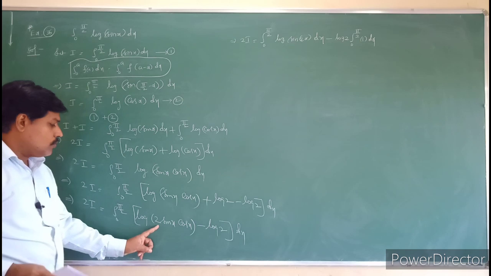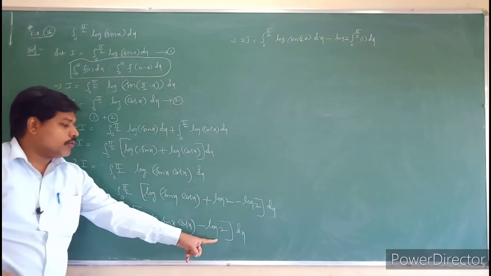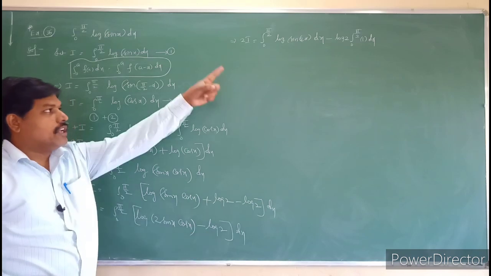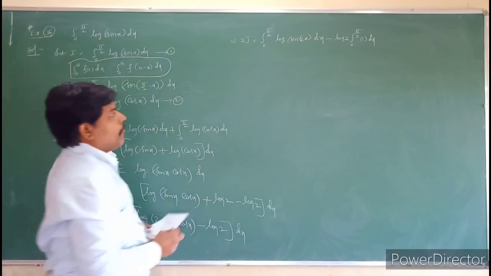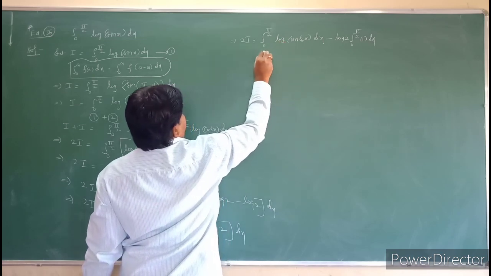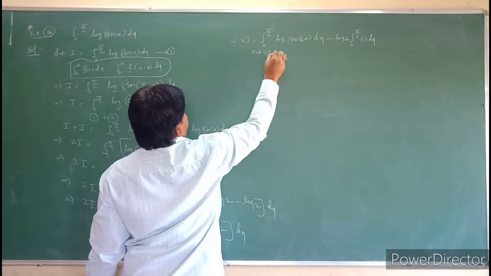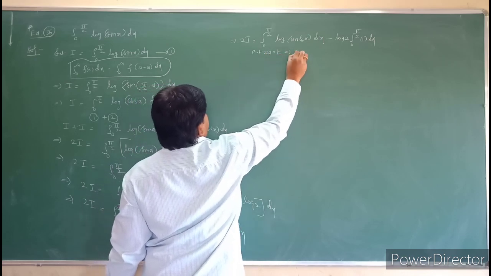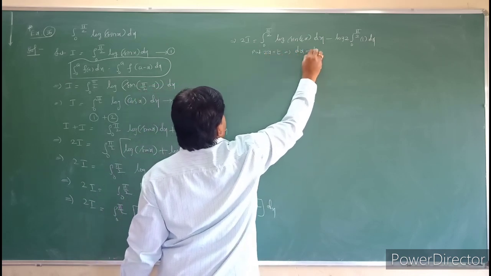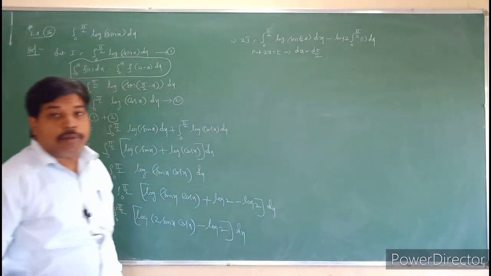So 2 sin x cos x is nothing but sin 2x. Apply the integration here, so integral 0 to pi by 2 of 1 into dx. So here, students, this value I will take: put 2x is equal to t, that implies dx will become dt by 2.